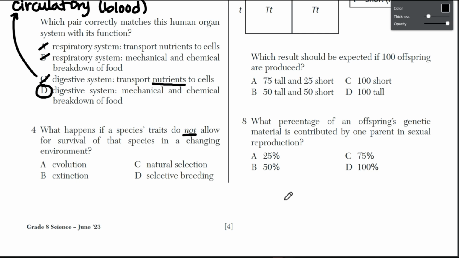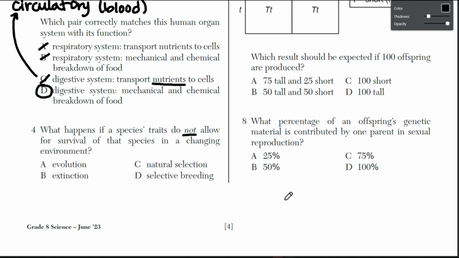So A, evolution. Well, what is evolution? Evolution is adaptation and change over time to better fit an environment's needs. But if a species' traits don't allow for survival in that changing environment, it's not going to evolve.